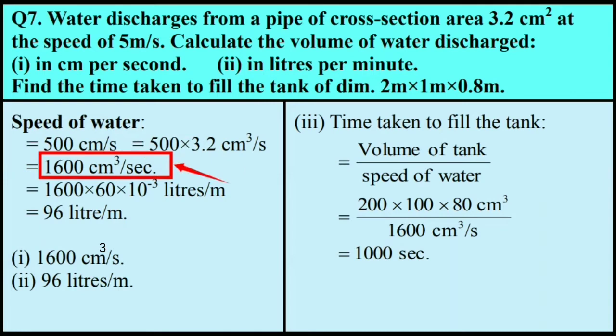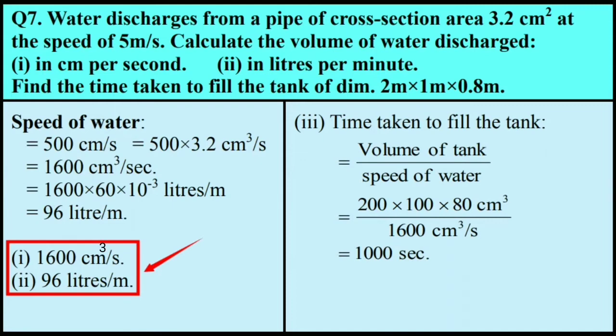Therefore, the volume of water discharges per second is 1600 centimeter cube. And after converting centimeter cube into liters and second into minute, the result comes 96 liters in 1 minute.